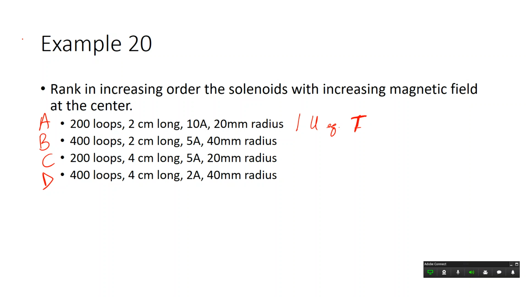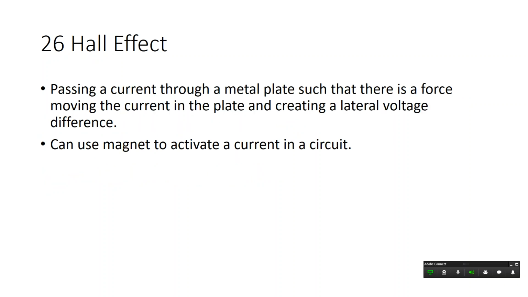The same, right? Because you have double the amount of loops and half as much current. The radius changes though. So what's up with the radius? Not important. The radius is not important.